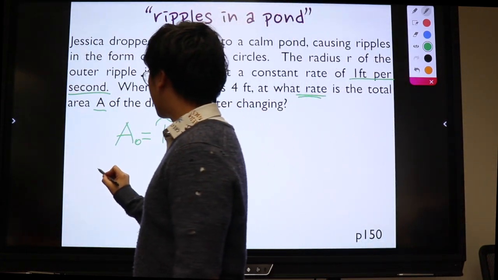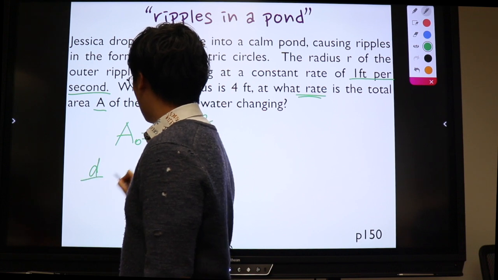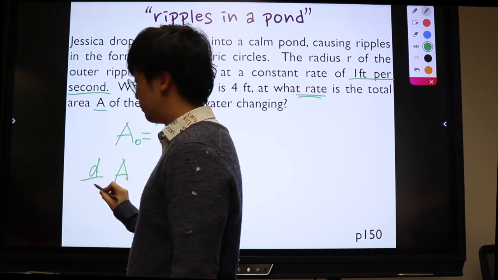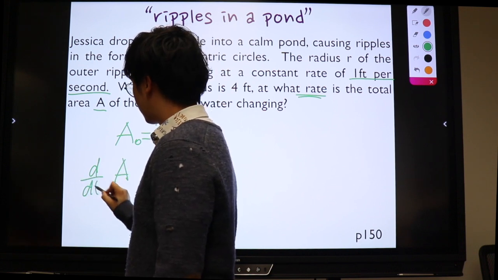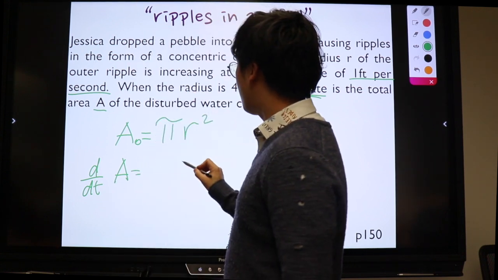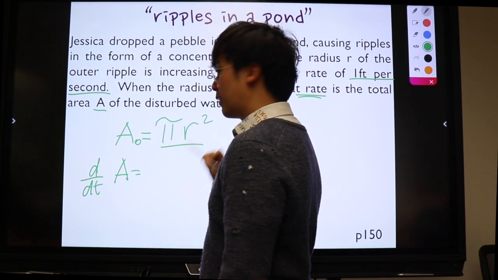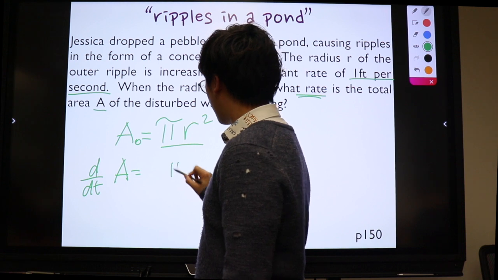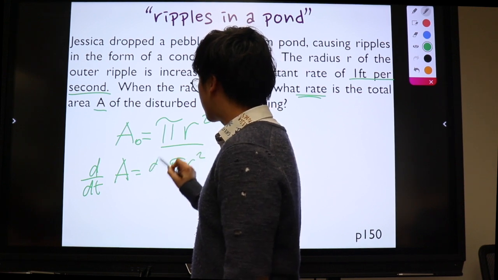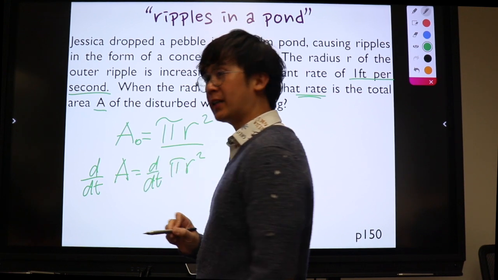So we're going to take the derivative of A with respect to t, and we're going to differentiate this function, pi r squared, with respect to t.